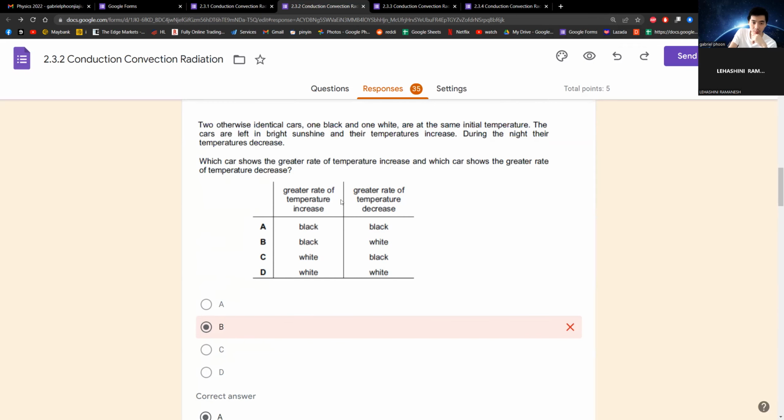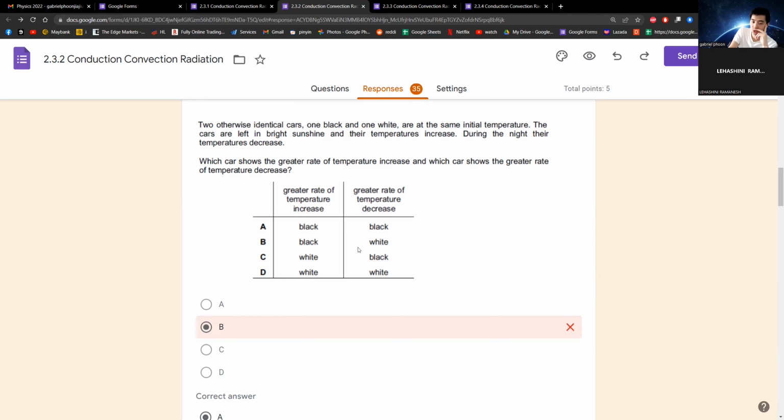Your answer was B. Black increases more for sure because black is a better absorber, but you wrote white being a greater decrease. A greater decrease in temperature is because it is emitting heat outwards, right? And which color is the better emitter of heat? Black. Yeah, that's why the answer should be A.